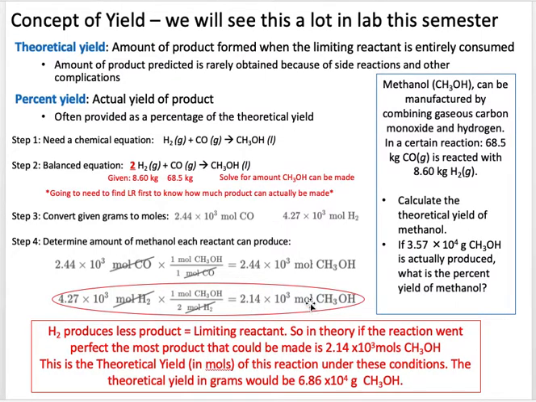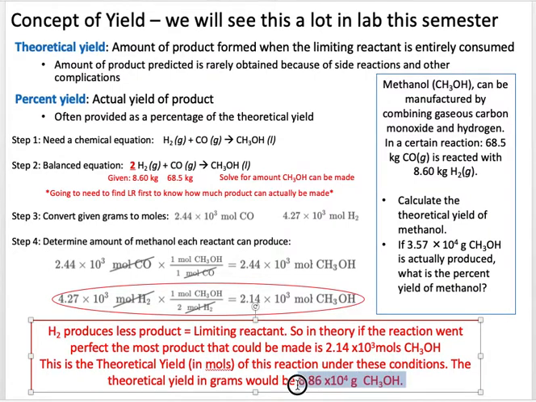We need to convert this into grams to compare with the 10 to the 4 grams that we have here. Sorry about that. So if we have 2.14 times 10 to the 3 moles as our theoretical yield, and we convert that into grams, we end up with 6.86 times 10 to the 4 grams of methanol.